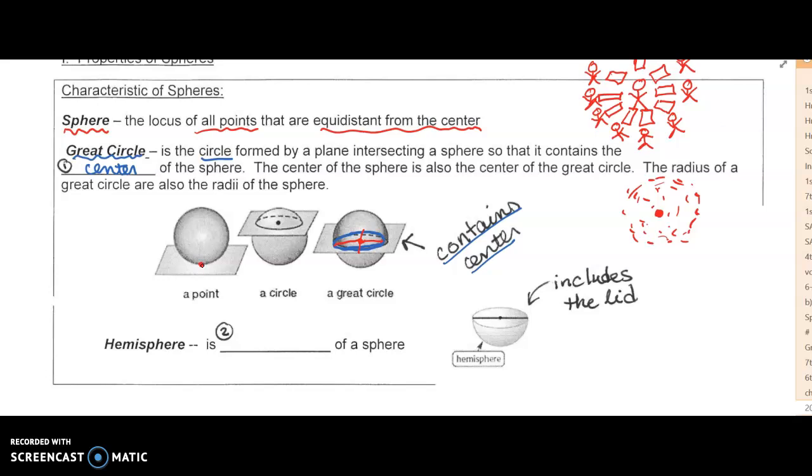But anyway, a hemisphere. What is a hemisphere? You guys have heard this term before, northern, southern hemisphere, eastern, western hemisphere, in reference to a sphere we are very familiar with called the globe, or Earth, right? So a hemisphere is half of a sphere, but here's the hiccup. It includes the lid. When we think of the Earth, we think of just half of Earth, right?